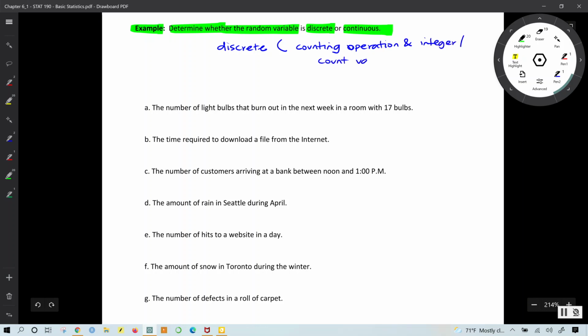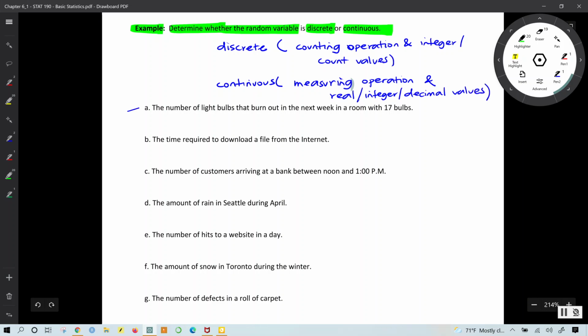Whereas for a continuous random variable, its values come from a measuring operation, and it can take real, integer, or decimal values.